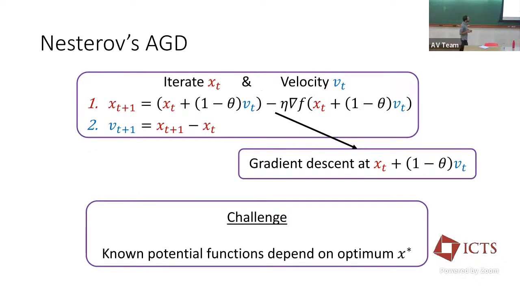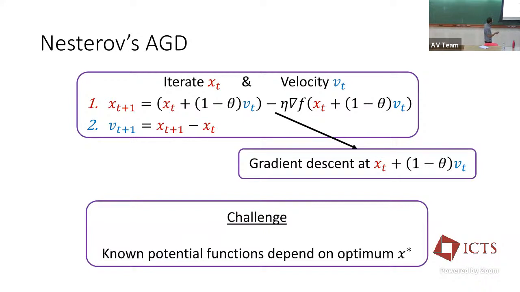Okay, so let's recall Nesterov's accelerated gradient descent. This is written here in a slightly different form. The Vt here is also different from the Vt that we used earlier. Here, Vt refers to the velocity, but the update is exactly similar to what we saw in the earlier lectures. Here xt plus 1 is a gradient descent step at a different point, which we called yt in the previous lecture.